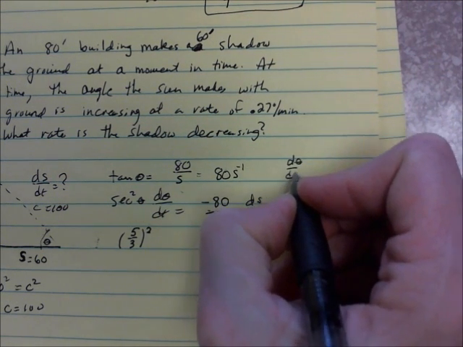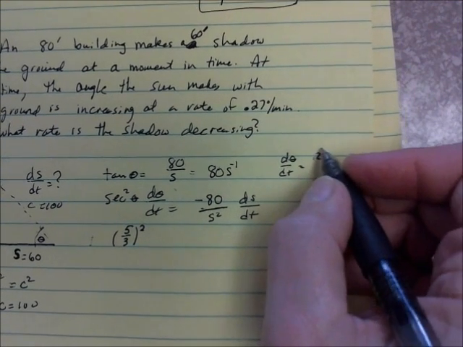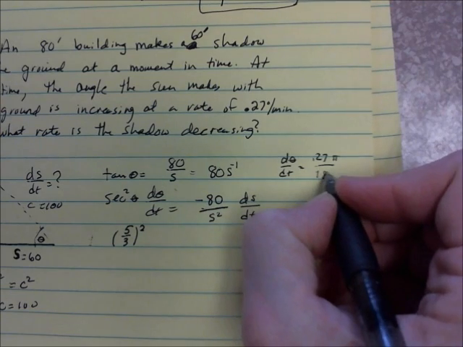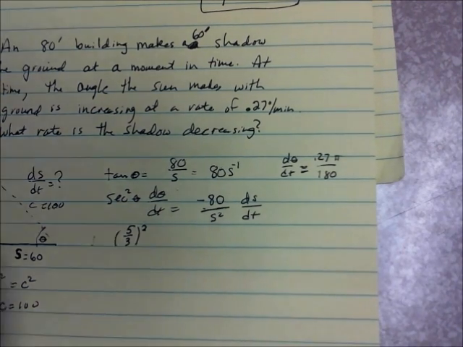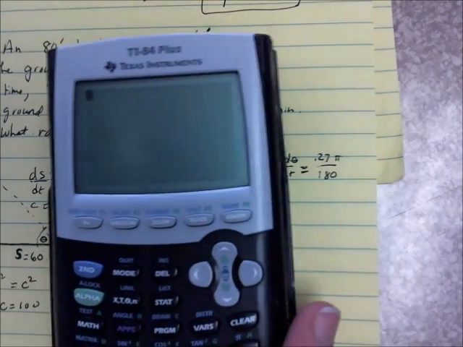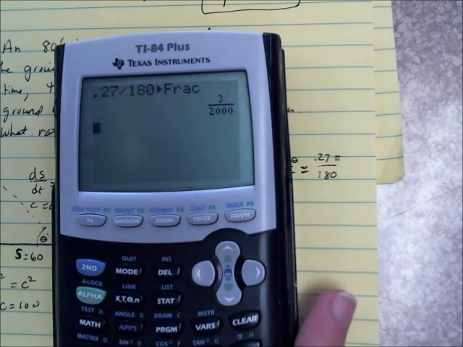dθ/dt is 0.27, and now we're going to have to multiply that by pi over 180. If you take your calculator out and do 0.27 over 180, and I'll math frac that, it becomes 3 over 2,000.